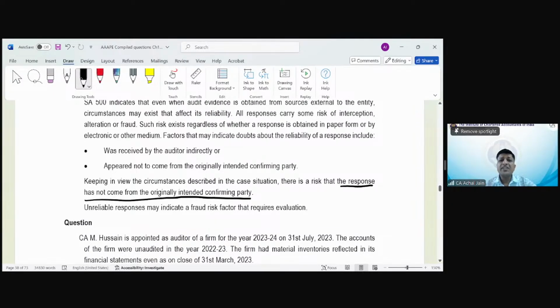So in this case, as an auditor, what do you do? Of course, this entire process has failed in a way, because that is of no use. That is not reliable anymore.